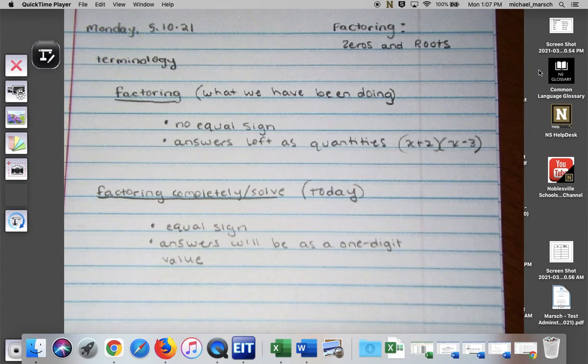So I'm going to draw a picture now on a separate piece of paper. Don't put this in your notes. It's just where we're headed. This is how this will eventually play out in the next couple days.